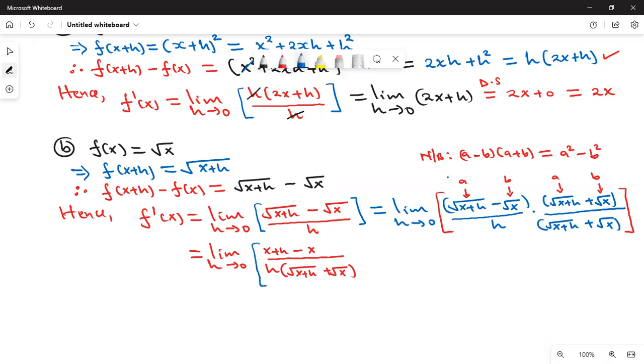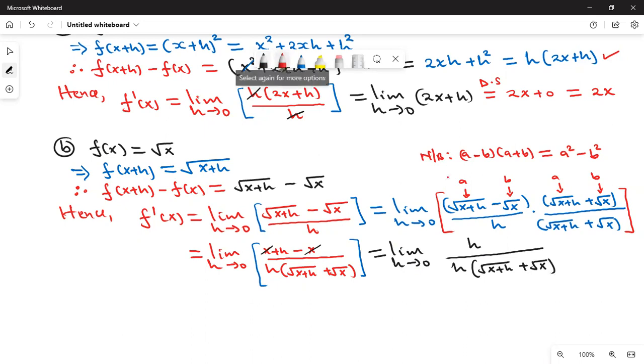And we can be able to simplify this. You see, the x will cancel with this other x, so that this will now give us limit as h approaches 0. Now in the numerator, we remain with h. In the denominator, we still have h times the square root of x plus h, then plus root x. So that's what we have again. Are we able to simplify this further?